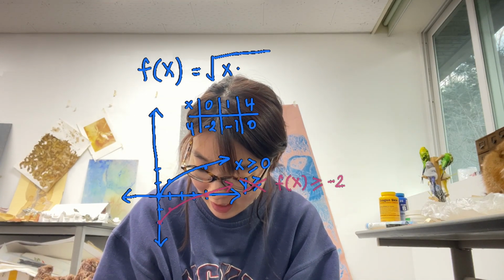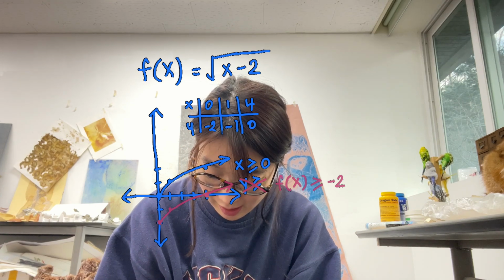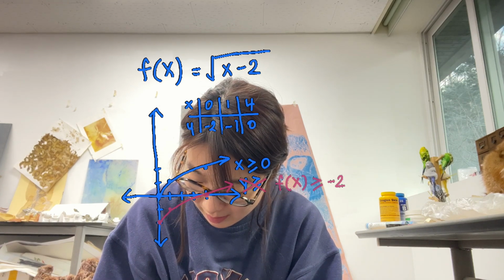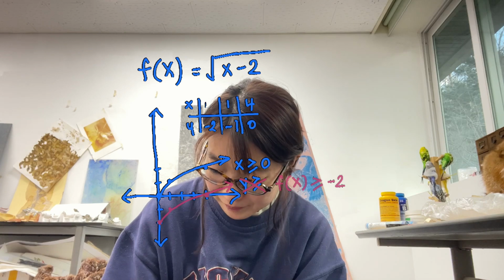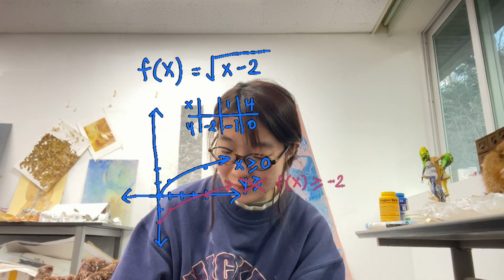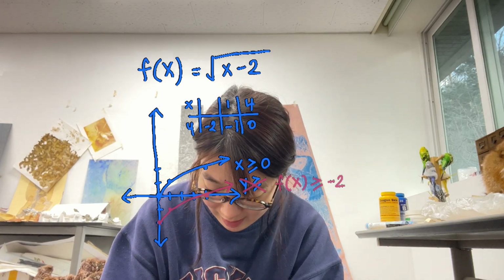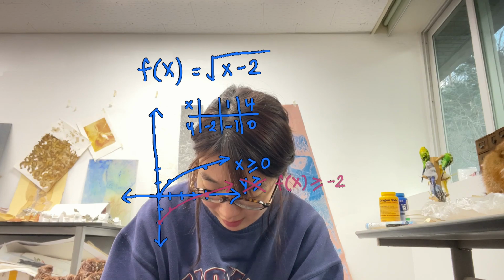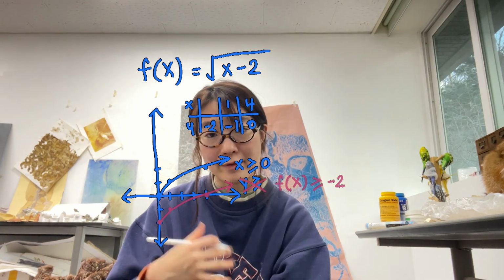So I'm going to go ahead and change that, x minus 2. Let's use yellow to graph this.